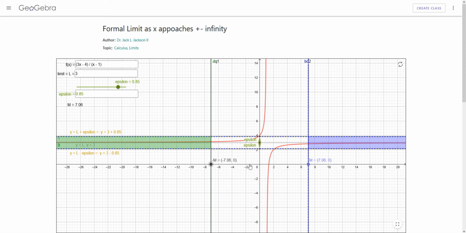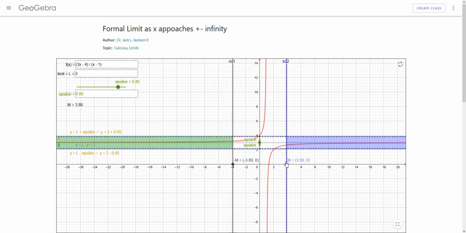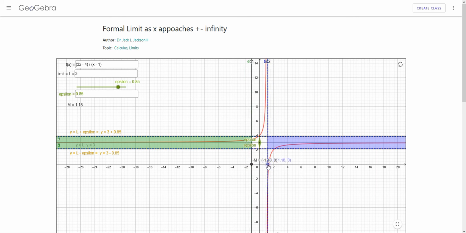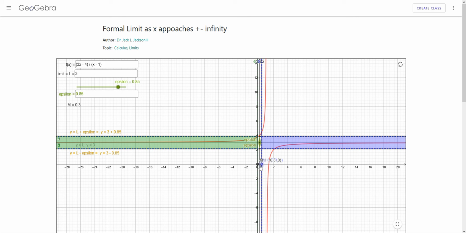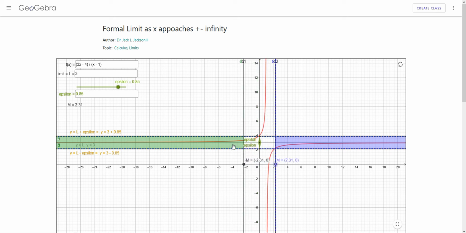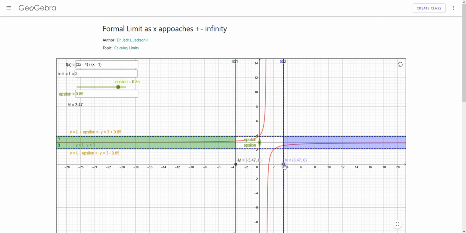And in this case, the M could have been quite a bit smaller. Even back here is going to stay within on the left side. Maybe not on the right side, but on the left it is. So if we go further out, definitely we're staying within there.